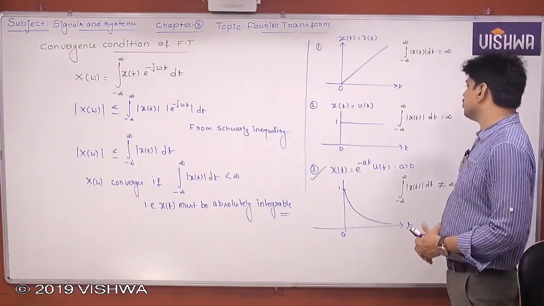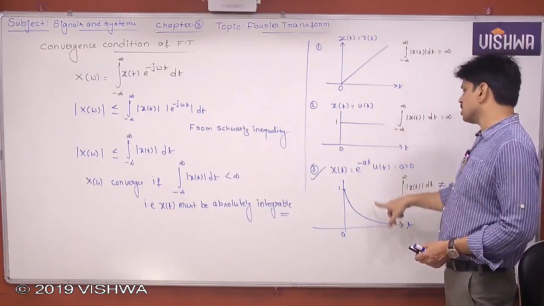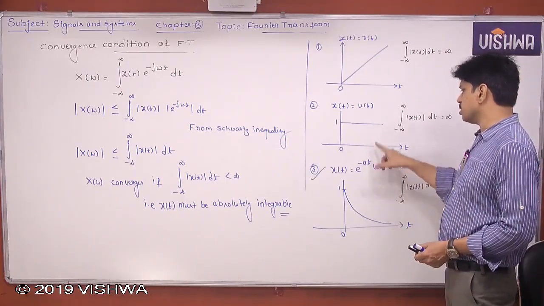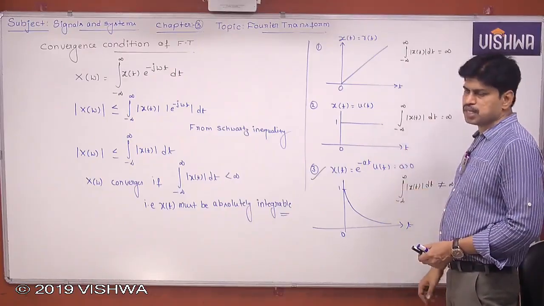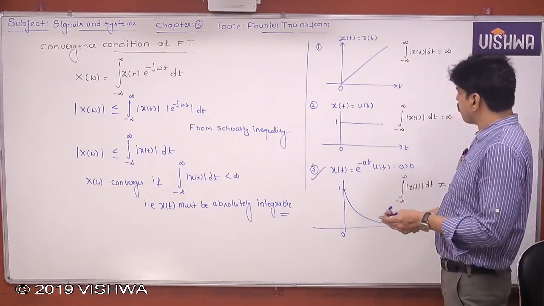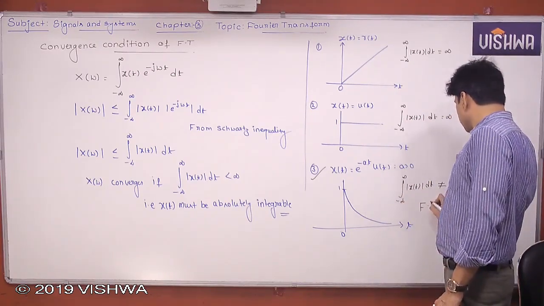Now, if you observe carefully, this one is an unbounded function, this one is a bounded function, and this one is a bounded function. So between these two signals, we have one similarity: both signals are bounded and this one is unbounded. If I ask, for this signal, does the Fourier transform exist or not? Yes, the Fourier transform exists.